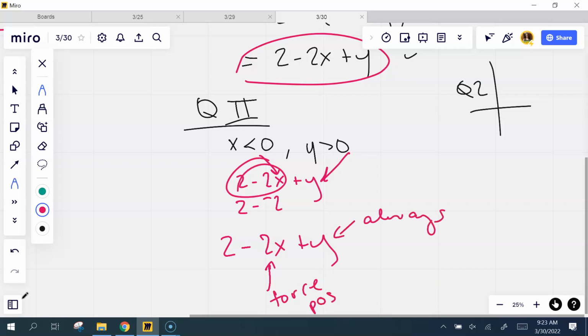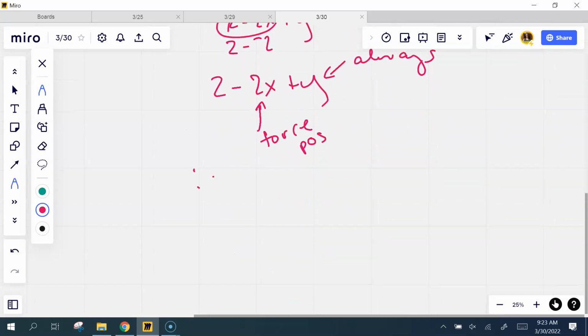Therefore, concave up because the second derivative is always positive in quadrant 2. Yeah. So 1 point for each of those, for the answer and the reasoning.